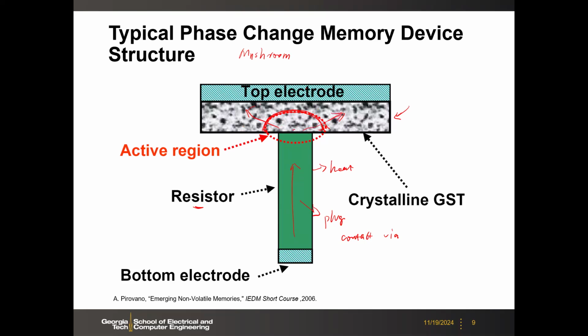So only where the temperature is high enough, for example higher than 500 degrees C, will this region melt. So this region will change from the crystalline to the amorphous state. And then if you apply a lower current, you can recrystallize, going from high to low resistance states. So anyway, this is the device structure, okay? We again rely on the Joule heating through this plug.